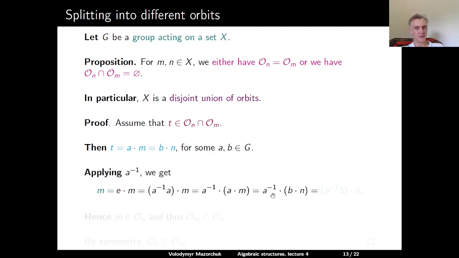Now a applied to m is the same as b applied to n, and now we move brackets again and we get a inverse b applied to n. So we just proved that m belongs to the orbit of n, because m is equal to something applied to n. And then, of course, the orbit of m is a subset of the orbit of n. But because of the symmetry of the situation, we also have the converse inclusion, and so these orbits are equal. So if two orbits have a common element, they must coincide.